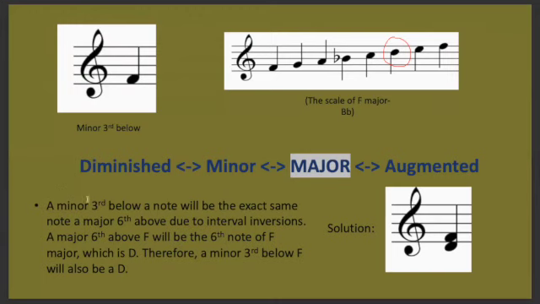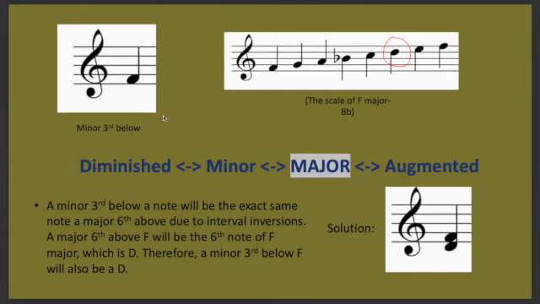Well, a minor third below a note will be the exact same note as its inversion, a major sixth above, because of the interval inversion rules that we just looked at. So what we can do is find a major sixth above the F and then just drop that down an octave, and that will be a minor third.